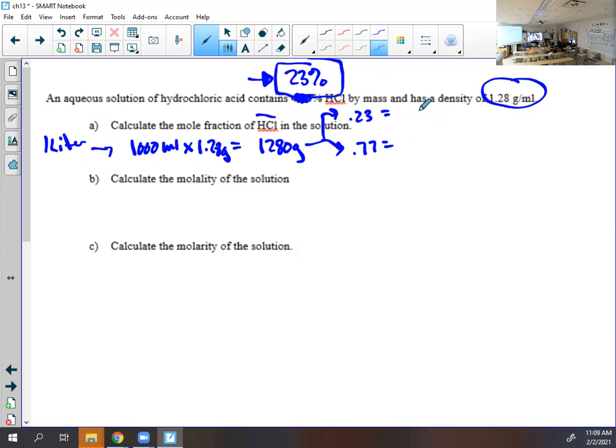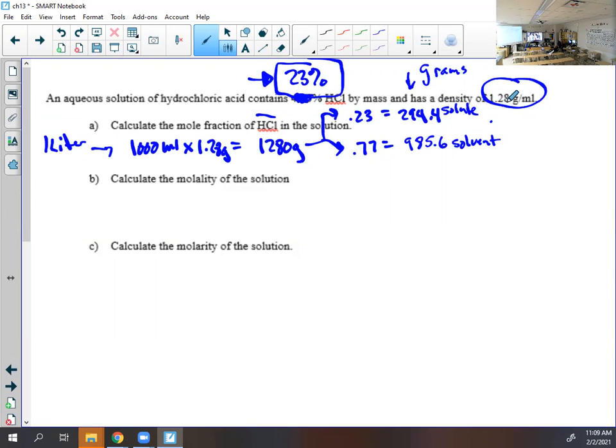I've already done this and I get 294.4 right here. You could subtract and get the other, or you can just multiply it. It doesn't really matter. And I get 985.6. These are the grams of my solute, and this is the grams of my solvent. That will become really handy pretty soon.